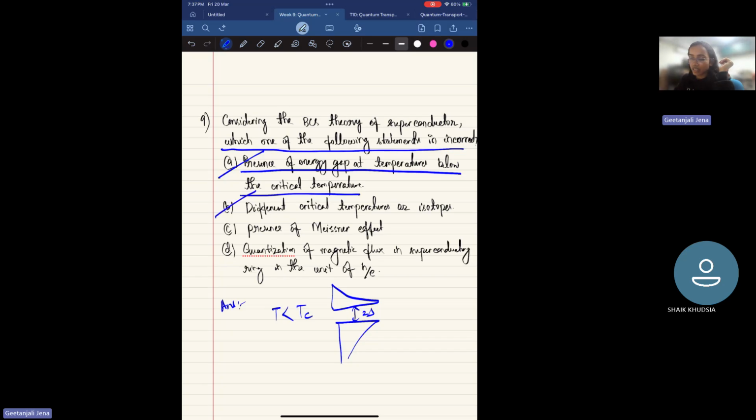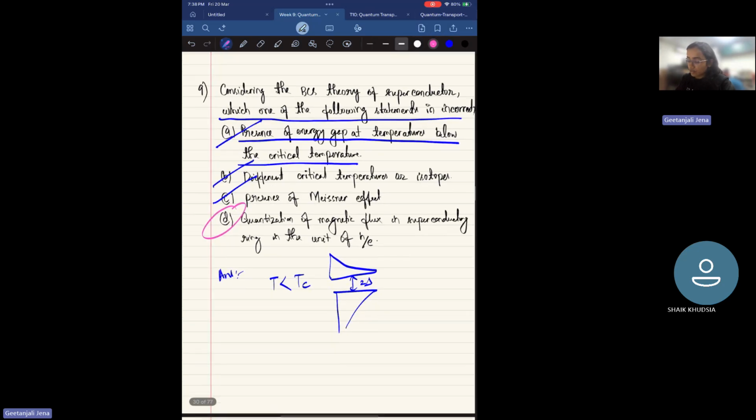BCS theory does tell about this critical temperature for different isotopes. Option C, presence of Meissner effect, which is also correct. If you put a superconductor inside a magnetic field, it will expel the field, and the magnetic field inside the superconductor is 0. Now, obviously the answer is option D, but let us see whether it is incorrect or not.